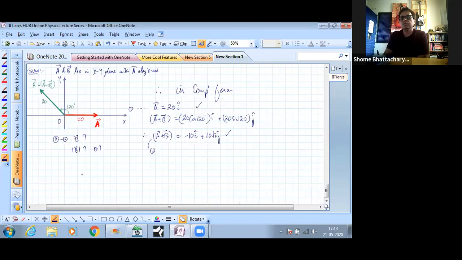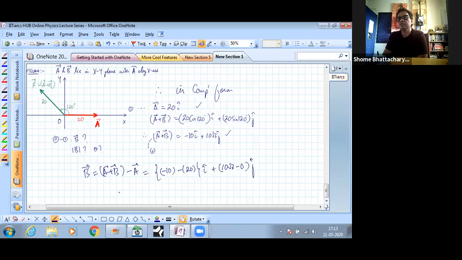So doing this operation, you can see that the vector B is the difference of A plus B and E. When you subtract these two vectors, subtract their x components. So it is minus 10 minus of 20. So A's x component is this plus 10 root 3 minus 0 j cap.